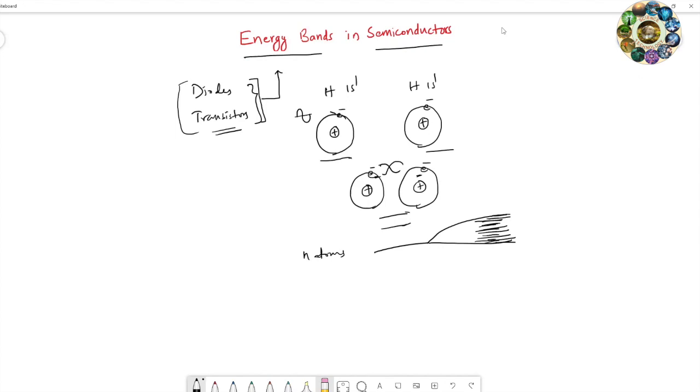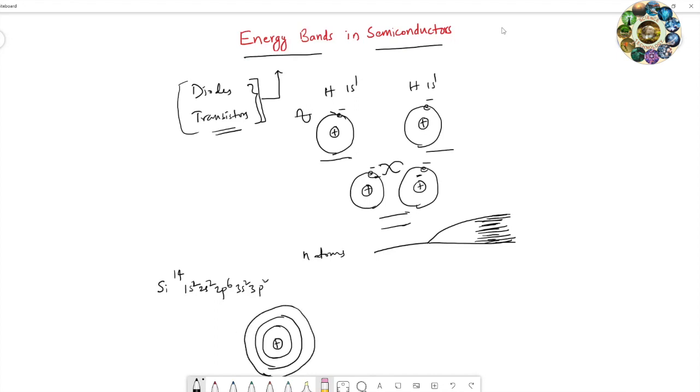Let us understand more clearly with a system with more electrons. Let us take a silicon atom. The atomic number is 14, so the electron configuration is 1s2, 2s2, 2p6, 3s2, 3p2. Taking the Bohr atomic model, there is a nucleus, then 1s, then 2s and 2p, then 3s and 3p.